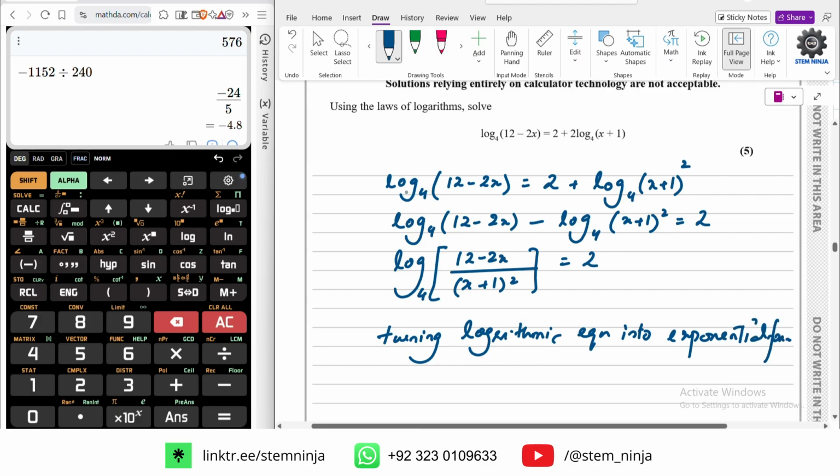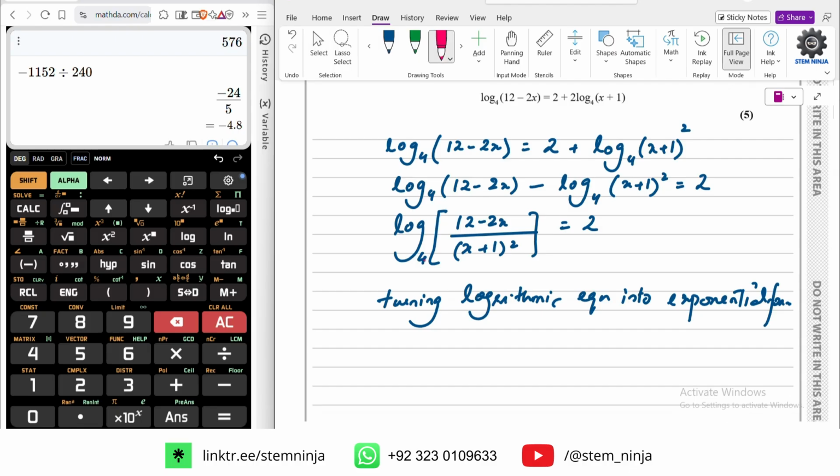This is the base, this is the exponent. The 4 raised to power 2 is equal to (12 minus 2x) over (x plus 1) whole squared.